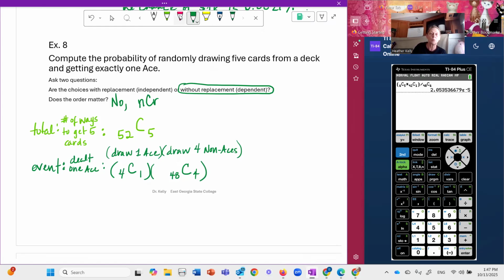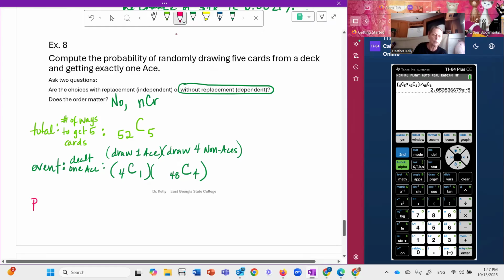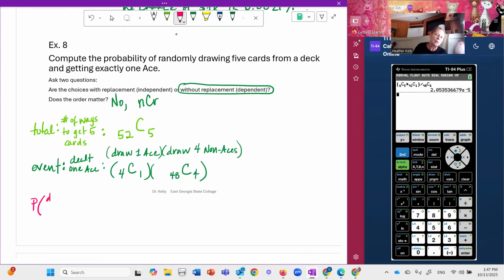So let's see what our probability is. The probability that we're dealt 1 ace is equal to 4 choose 1 times 48 choose 4, all over 52 choose 5.